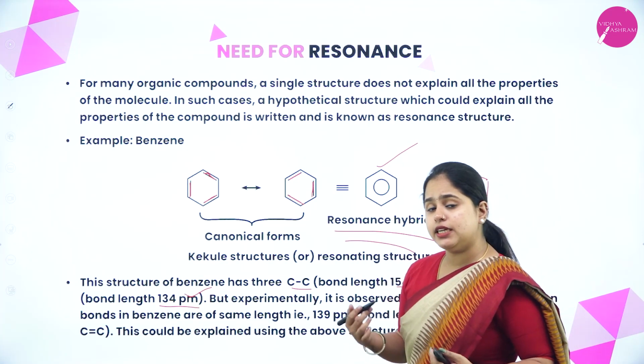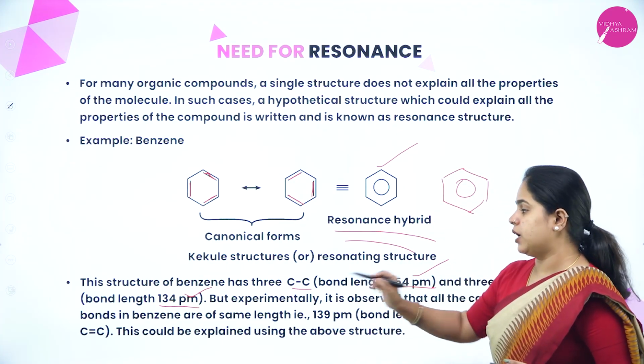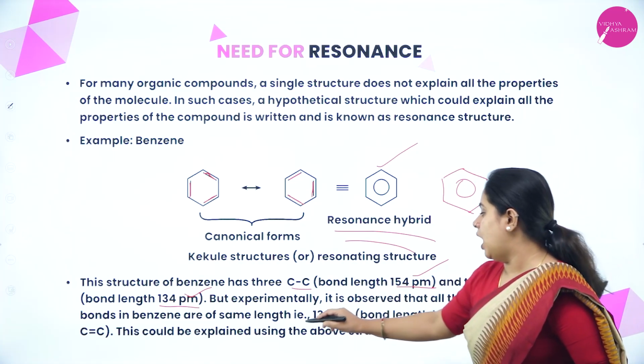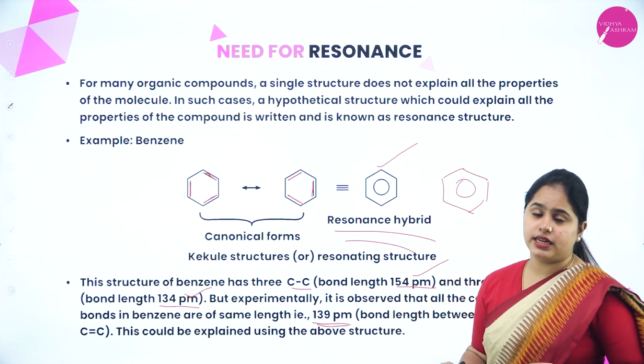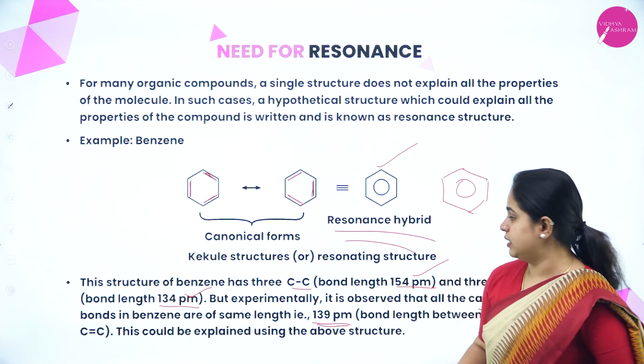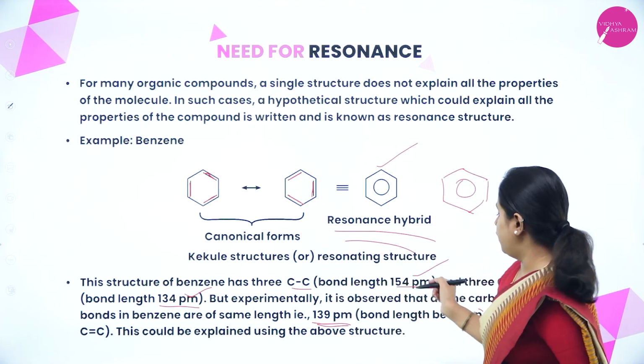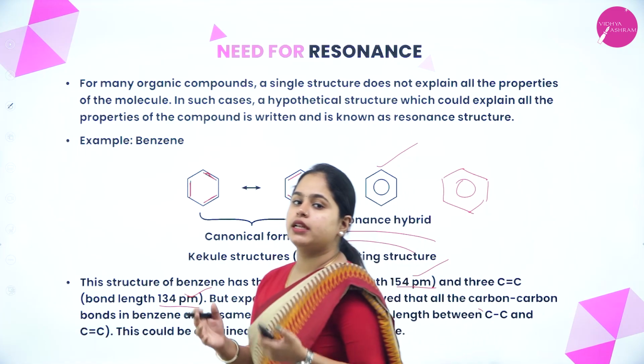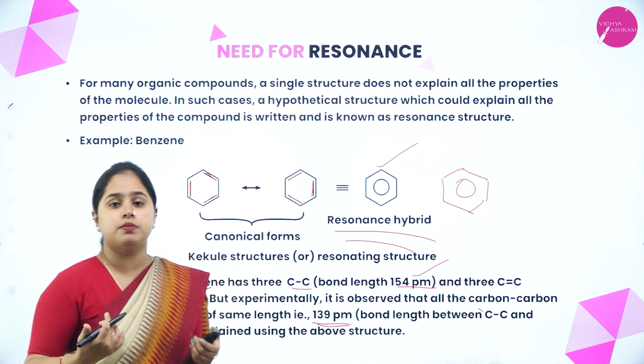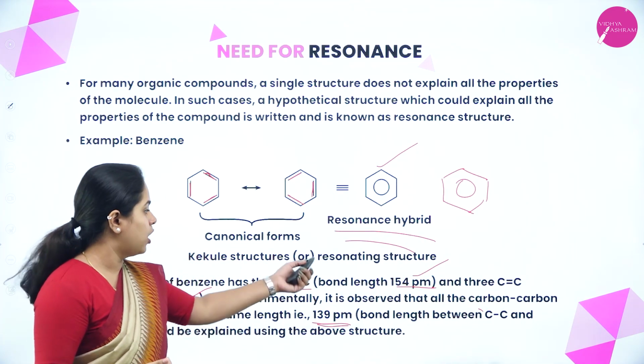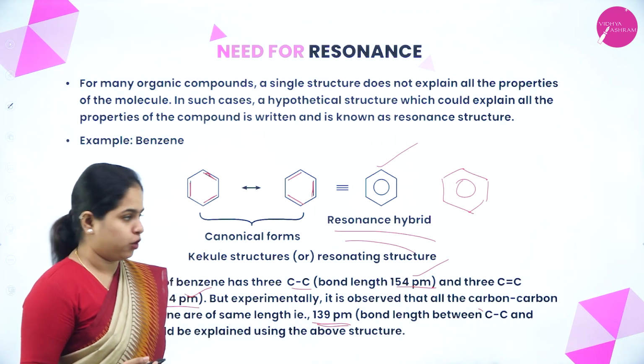But experimentally, it was found that all the carbon-carbon bonds in benzene have the same length, that is 139 picometer. It is neither 134 nor 154. All the carbon-carbon bonds in benzene have a bond length of 139 picometer.